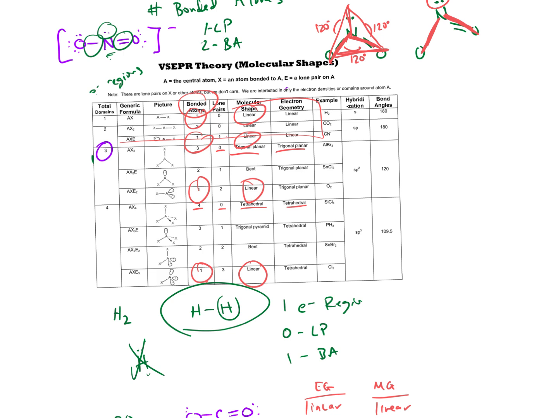It says draw the Lewis structure, determine the electron and molecular geometry, and then redraw it as the molecular shape. So you have to practice drawing it this way. And the answer key online has it drawn for you. You can check it. But let's go over a few of these.